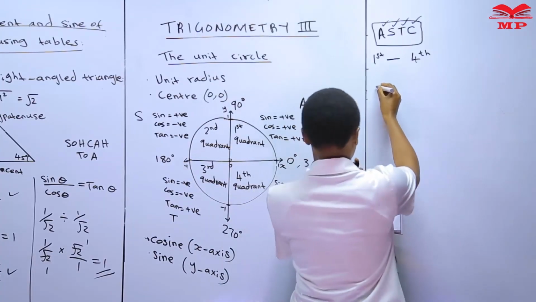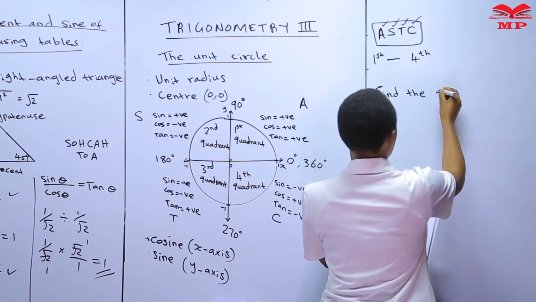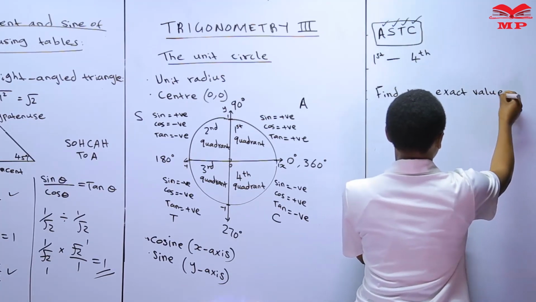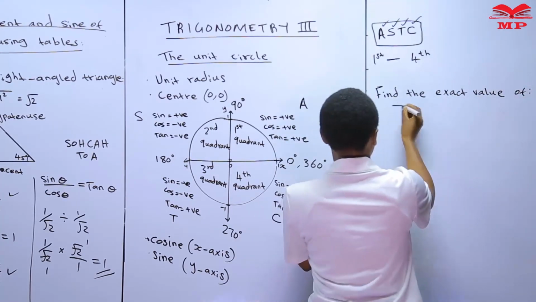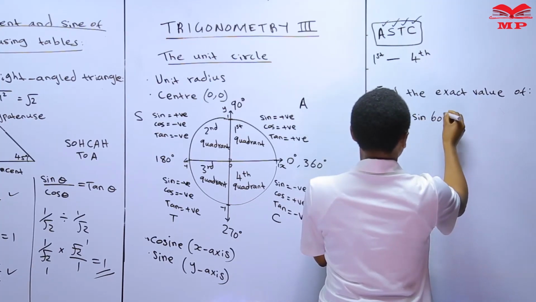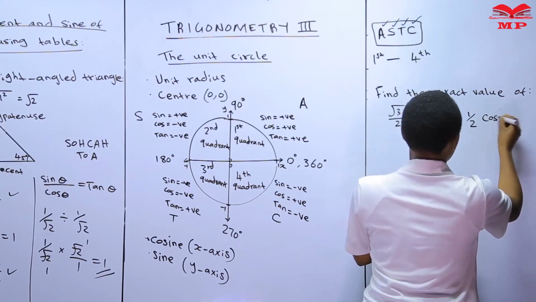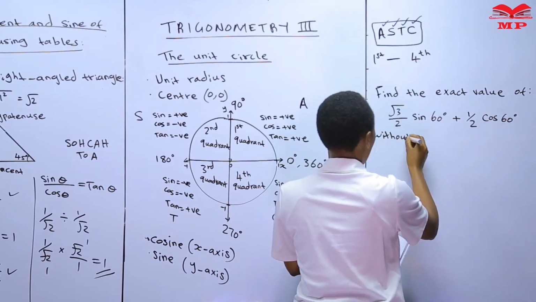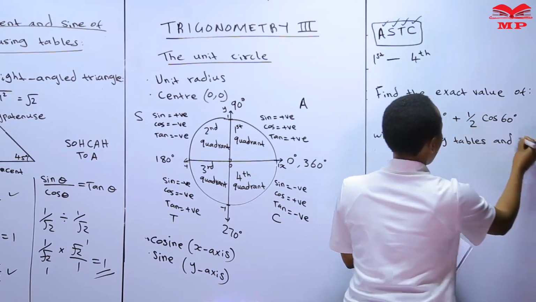This is a recap. I'd like us to find the exact value of root 3 over 2 sine 60 degrees plus a half cos 60 degrees, and here without using tables and calculator.